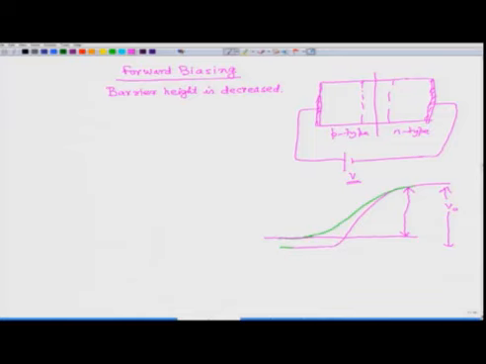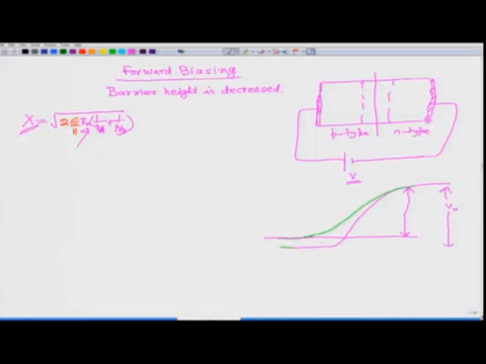You remember that width was something like square root of 2 epsilon over e times V naught times (1 over capital N A plus 1 over capital N D). So, if this barrier height is reduced, depletion region width is also reduced.